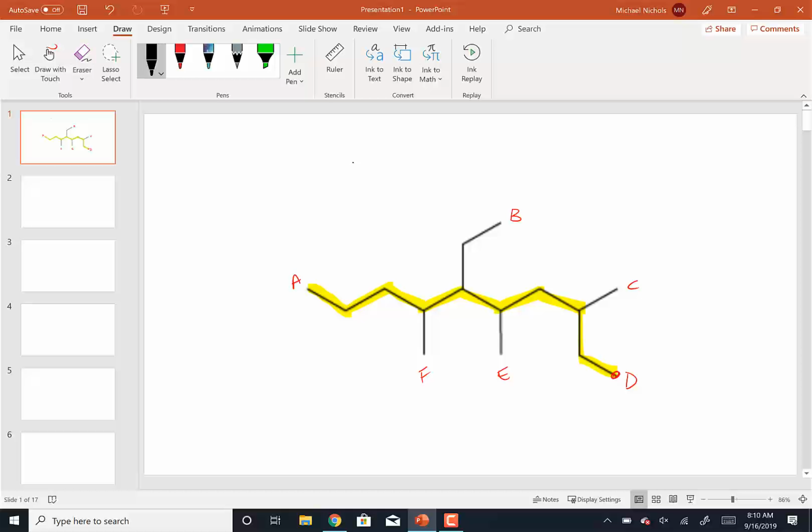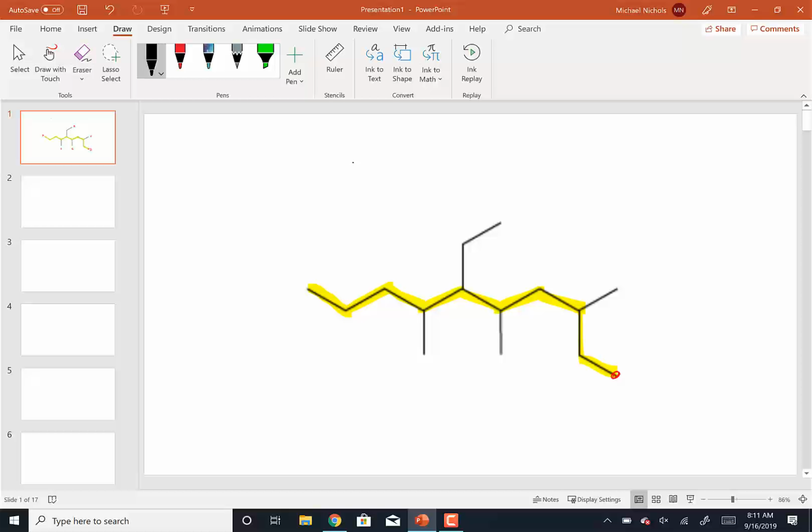Okay, so we have this yellow as our longest chain at 10. Everybody okay with that? Now, how am I going to number the chain? From left to right or from right to left? Right to left?